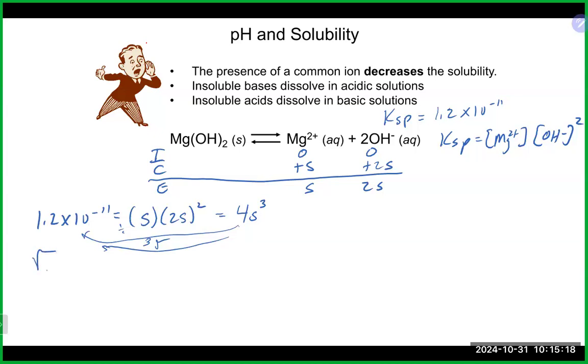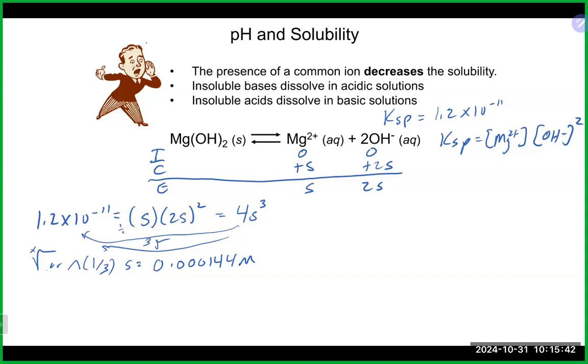Sometimes it looks like that. You could use it as well. Regardless, whichever way you want to do it, caret 1 divided by 3, however you want to do it. You will end up with 0.000144 molar. That is what our S is equal to.